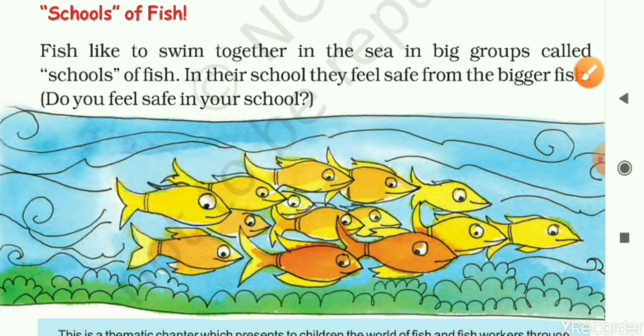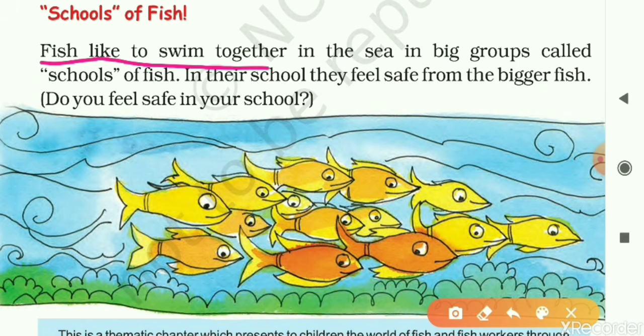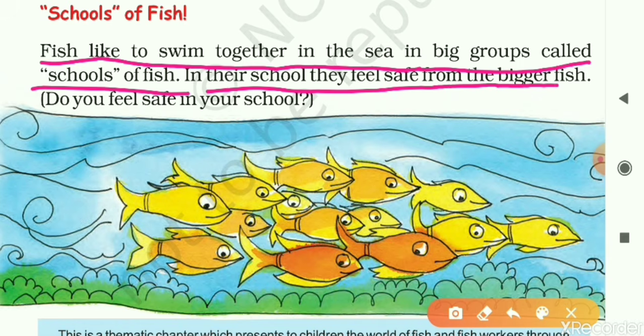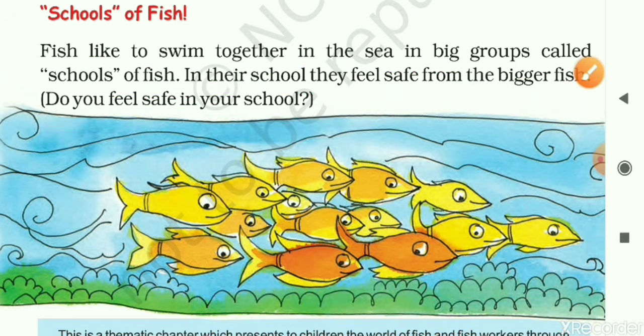Now let's have a read. Fish like to swim together in the sea in big groups called schools of fish. As we have cleared it, in their school they feel safe from the bigger fish. Do you feel safe in your school? Yes, everyone feels safe in their schools.